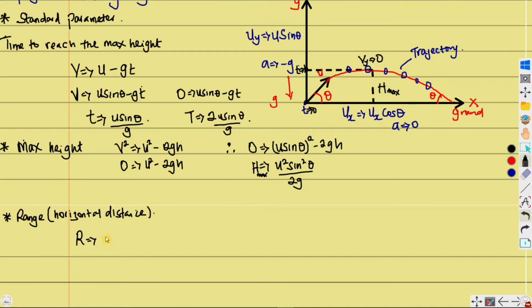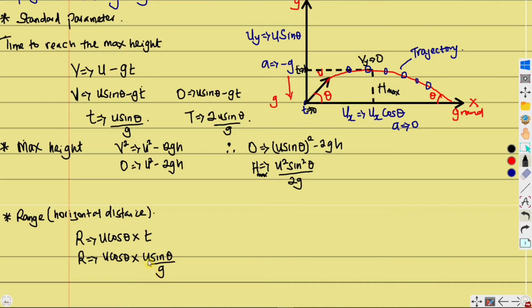Remember, u along the horizontal is u cos theta. So R will now be equal to u cos theta multiplied by the time t. I use time t to reach the maximum height. So going by that, range here is now equal to u cos theta multiplied by the already derived t, which is u sine theta divided by g.